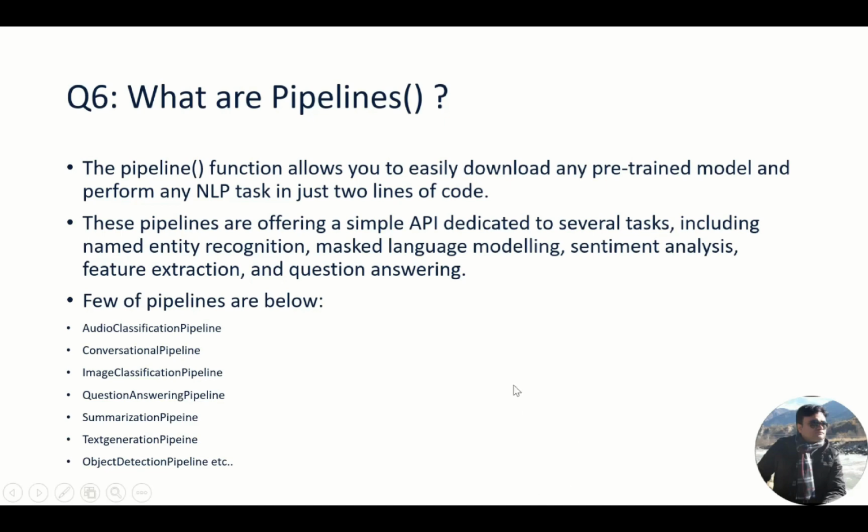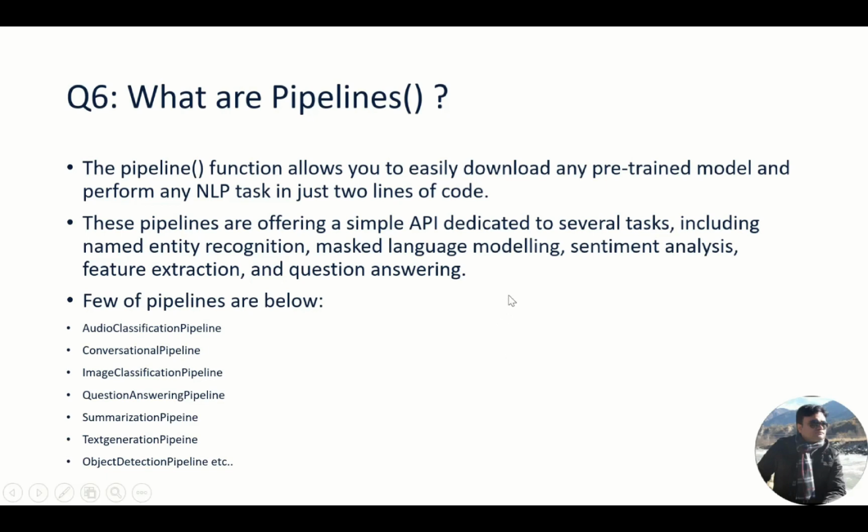These pipelines offer a simple API dedicated to several tasks, including named entity recognition, NER, masked language modeling, sentiment analysis, feature extraction, and question answering.